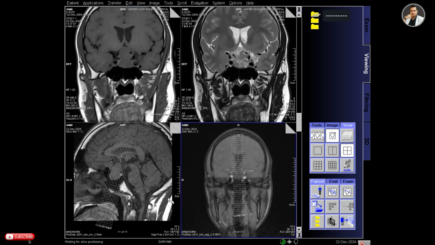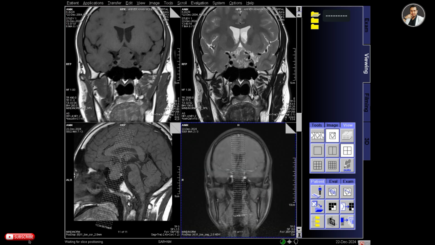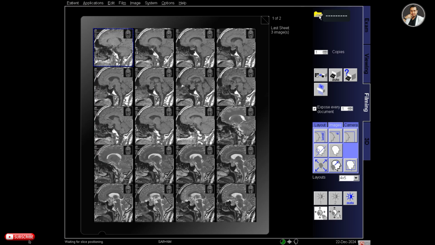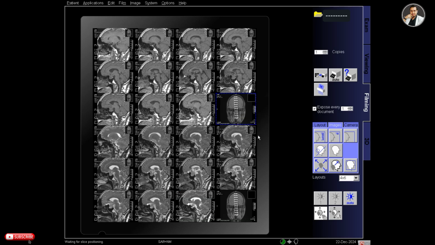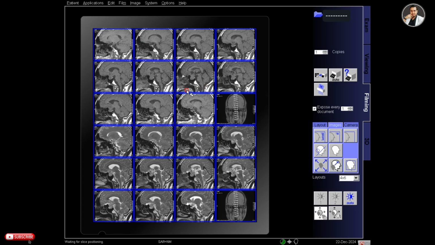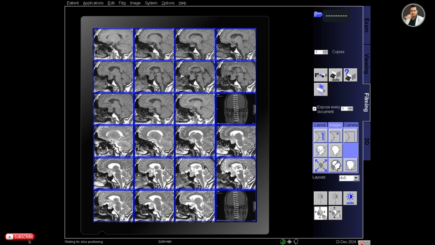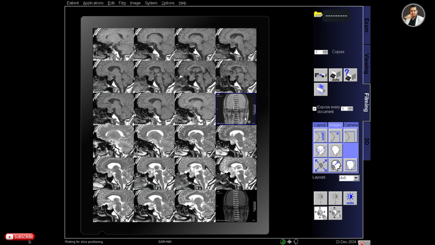So there are 5 scans taken in the dynamic sequence. The first dynamic scan will be non-contrast and the rest of the dynamic scans will be post contrast.